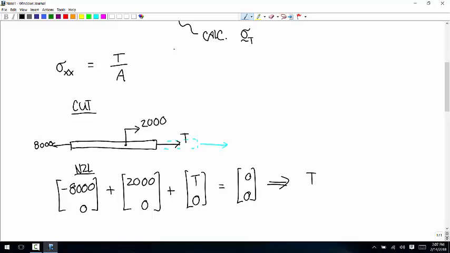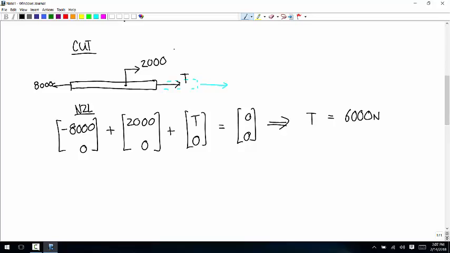And so T is equal to positive 6,000. So along that surface where I made that cut, is that in tension or compression? That's in tension.